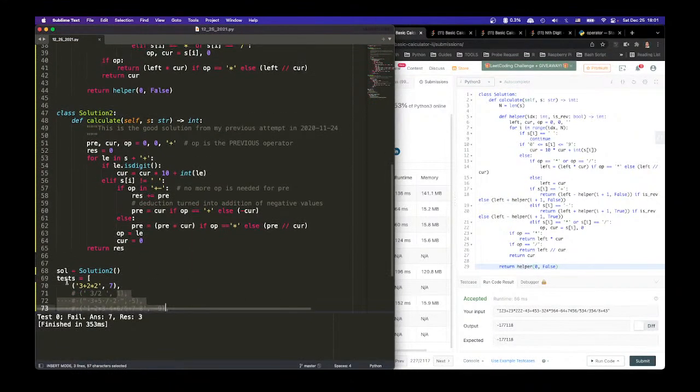All right, so it's because res is this, and then the plus sign is the operator. So 3 goes inside, and the operator now is this. Pre is equal to 2. Current is 2.